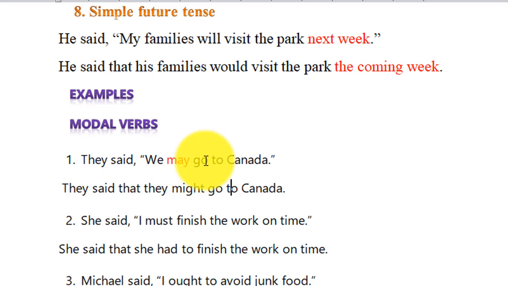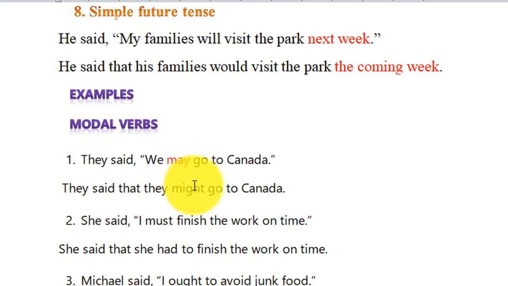Only the base form of the verb, with no suffix on the action verb. We may goes to is a completely wrong structure. When we report, they say that we can be changed into, as we discussed earlier, they. They might go to. May can be changed into might, and can into could, while the same form go stays. Cannot doesn't change. These don't change. So here, they say that they. I didn't bring it from anywhere; because the speaker is they, I brought it directly here.